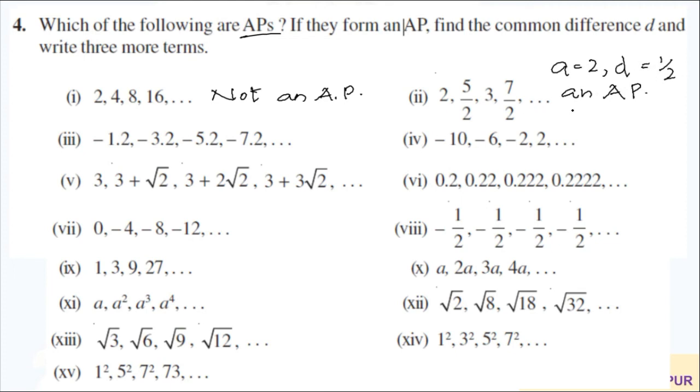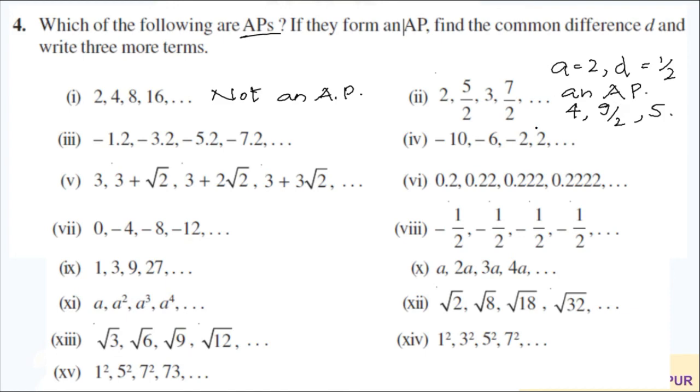The next three terms in the sequence are 4, 9/2, and 5. How did I get this 4? If you add 1/2 to this, it becomes 8/2, nothing but 4. 8/2 plus 1/2 is 9/2. 9/2 plus 1/2 is 10/2, nothing but 5.